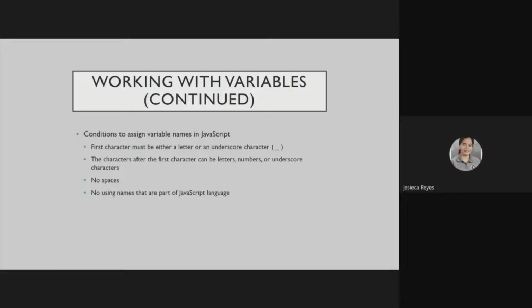And also, your variable name must have no spaces. And of course, no using names that are part of the JavaScript language. So those JavaScript keywords cannot be used as variable names or function names in JavaScript.